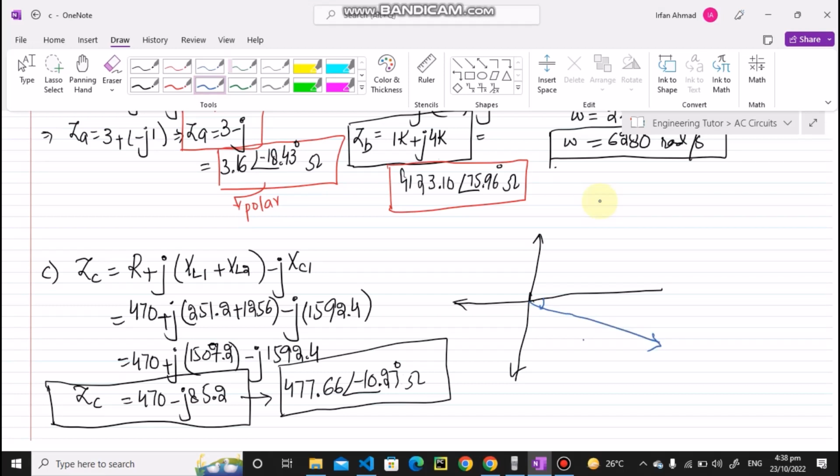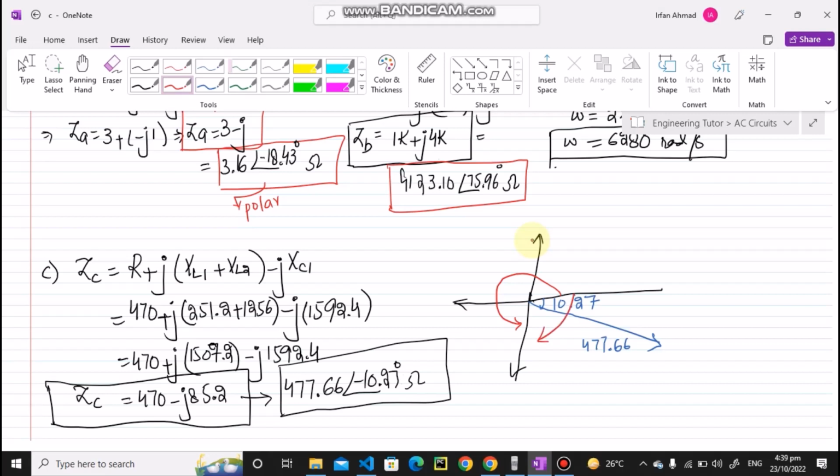The values here will be 477.66 and the negative 10.27. Why is this negative angle in the fourth quadrant? Whenever we have a positive angle, the rotation is counterclockwise. Similarly, if we have any negative angle, we go clockwise from here.